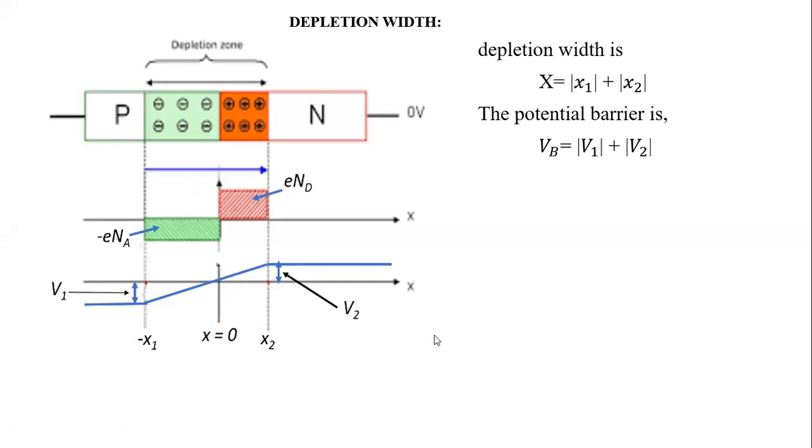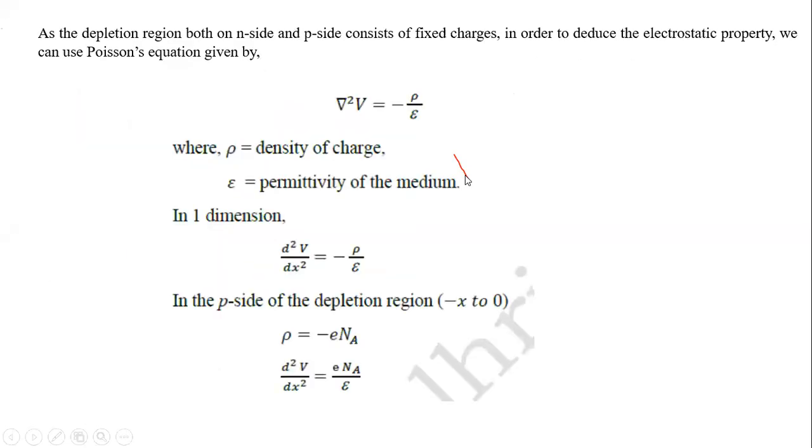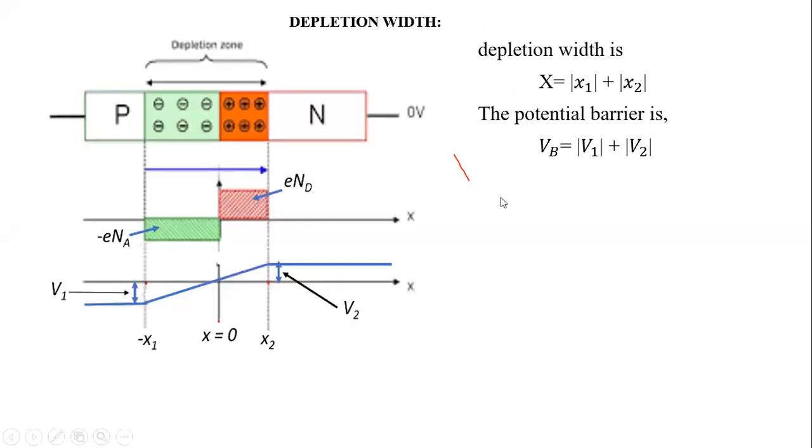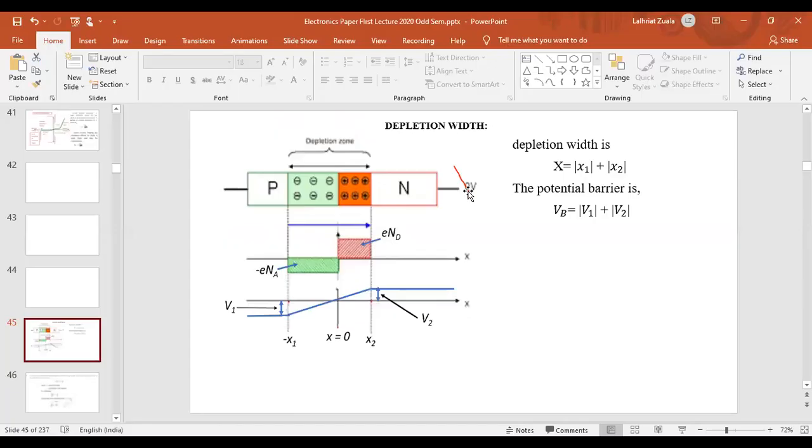As I cannot annotate. Can I write something using this? Yeah, now I can. But the problem is, will it remain on the screen? Yeah, it remains on the screen if I use this annotate. How do I delete it?